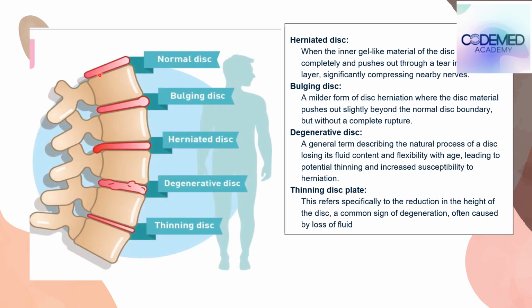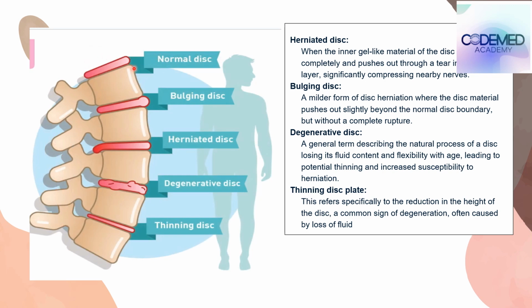Now, if you take the view of the vertebral column, this is called a vertebral bone, and in between the two vertebral bones, this particular pink structure, what you see, is called a disc. Now, many a time the problem with the vertebral column happens because there is a problem with the disc.